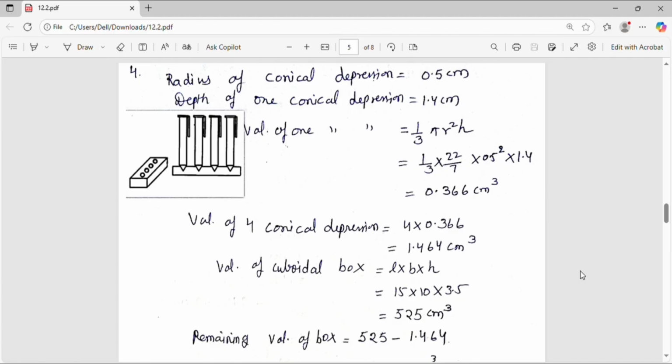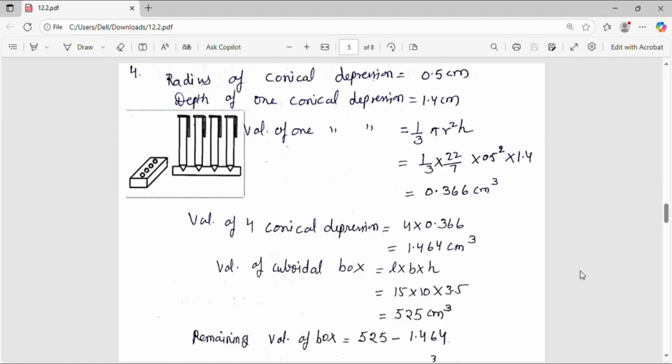So to find the volume, we will first find volume of cone, I mean conical depression, which would be 1 by 3 pi r square h and it would be 0.366 centimeter cube. So volume of 4 conical depressions would be 4 into 0.366, it would be 1.464 centimeter cube.